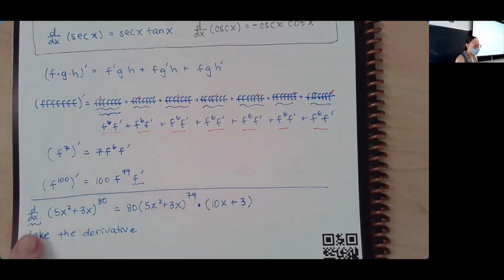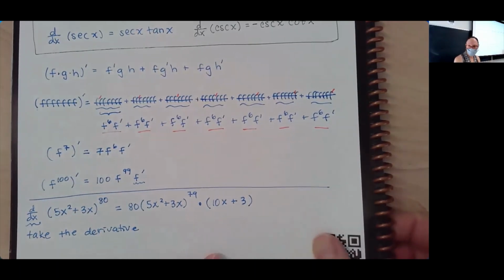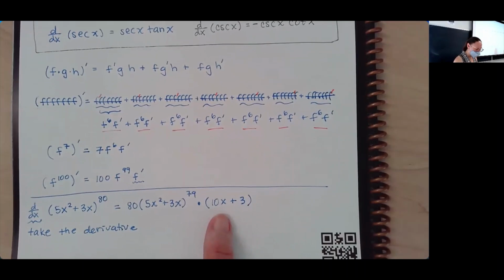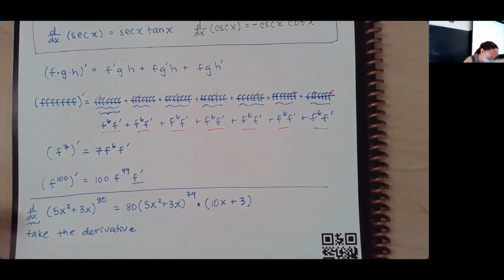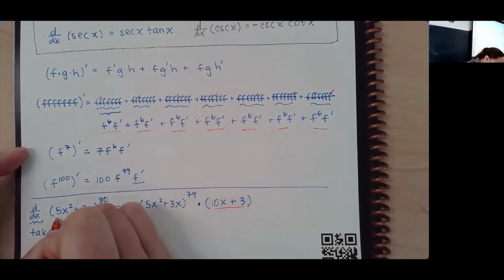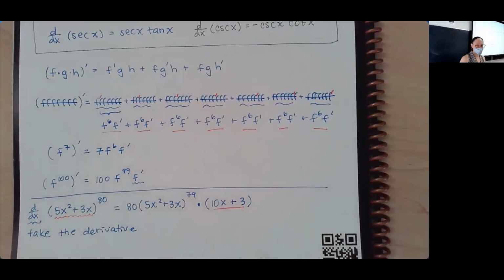This is often the notation that we use if we're not writing it out in function notation. I'm just saying, here's the thing I'm taking the derivative of. Yeah, so the question about where the 10x plus 3 came from. This part is the derivative of what was in parentheses.